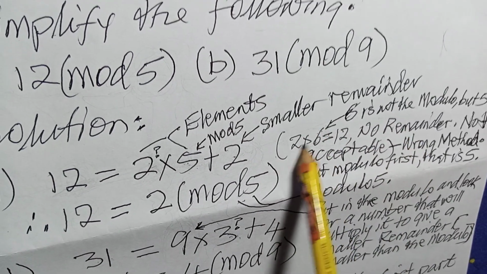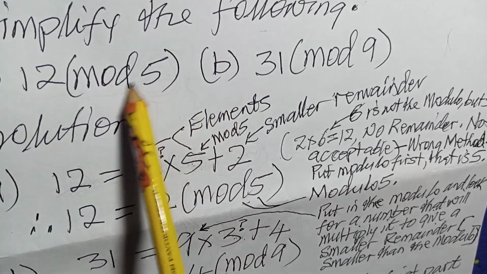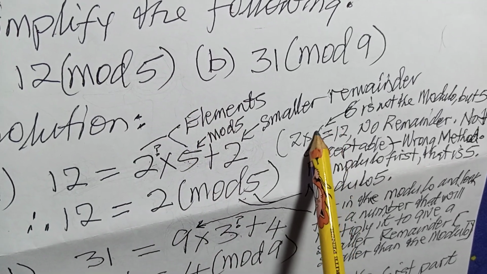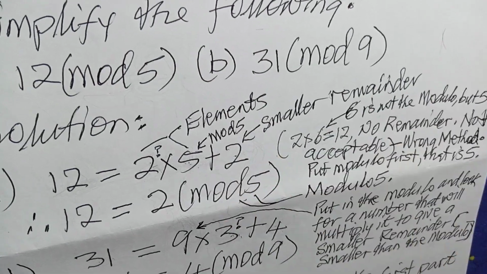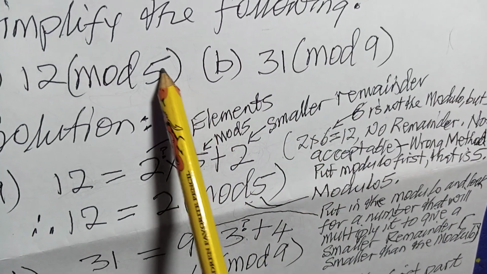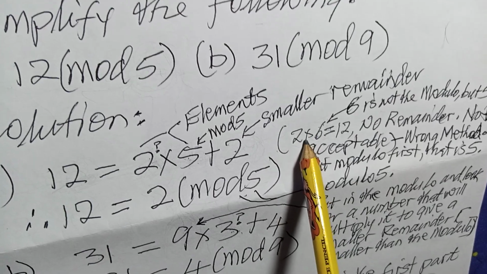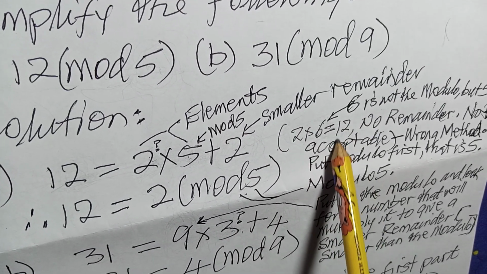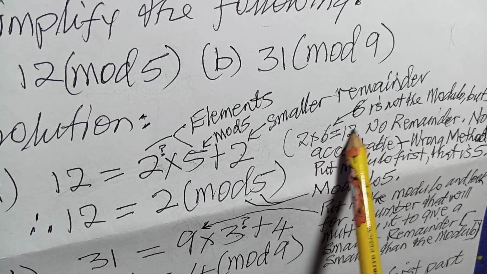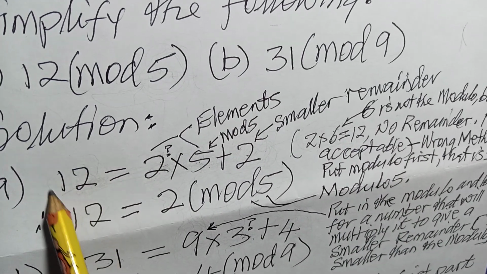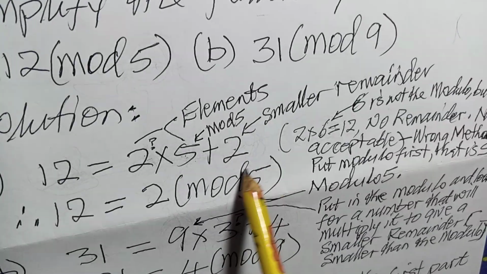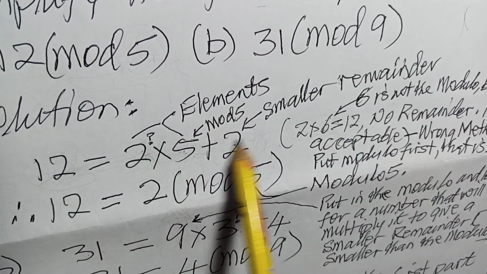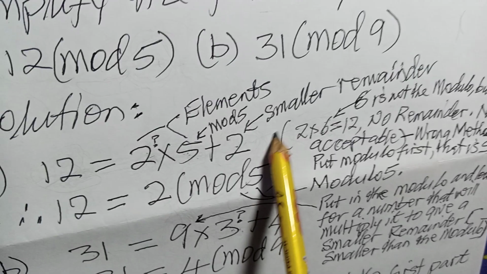It's very wrong, because the modulo 5 should come somewhere there. Don't just multiply anything. Just pick the modulo first, and then we start to look for the element that we multiply the modulo by to give us a total that, when deducted from the main figure, will give us a remainder. So don't just multiply 2 times 6 or 4 times 3.